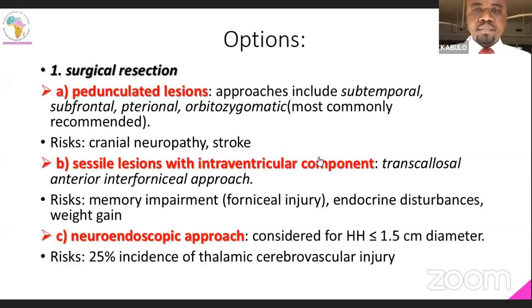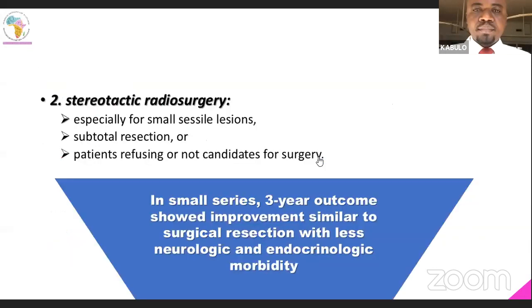If it's sessile or intrathalamic, usually they prefer a transcallosal anterior interforniceal approach. The risk here is memory impairment because you might injure the fornices. There is also another approach, the neuroendoscopic approach, which is considered when the hamartoma is less than 1.5 centimeters in diameter, and the risk is a 20% incidence of thalamic cerebrovascular injury.